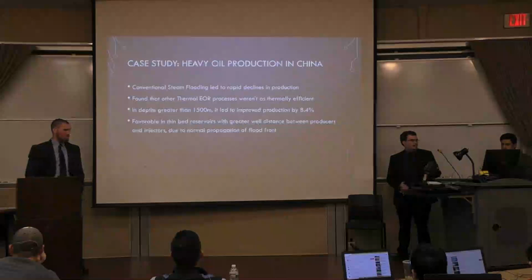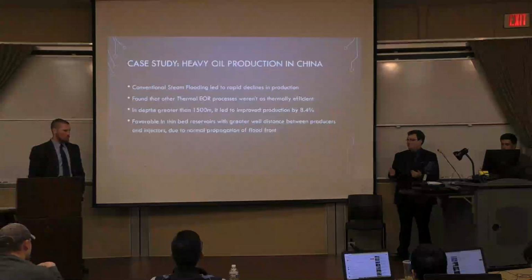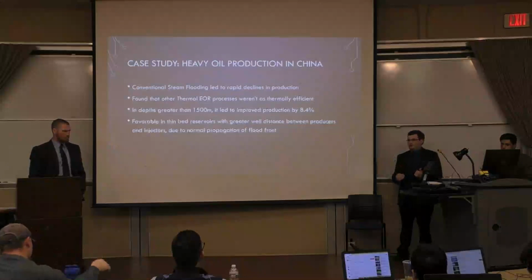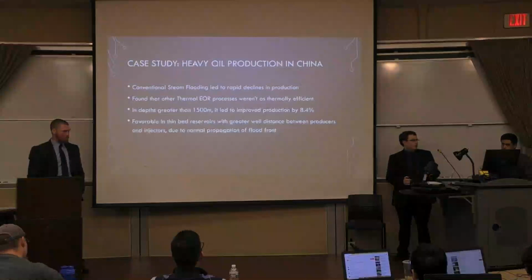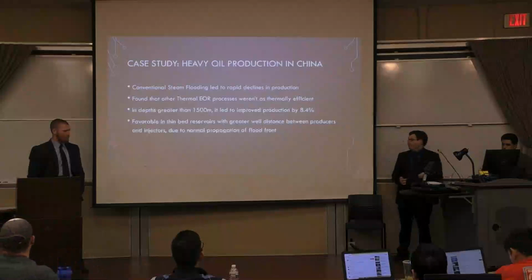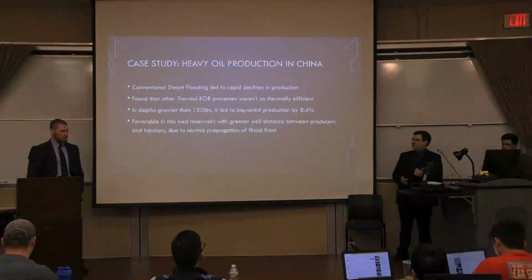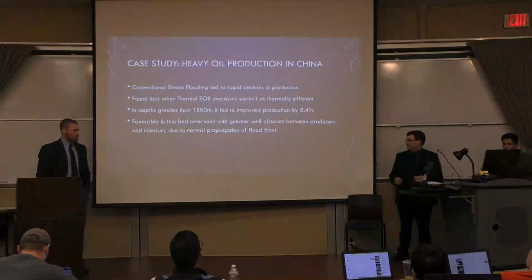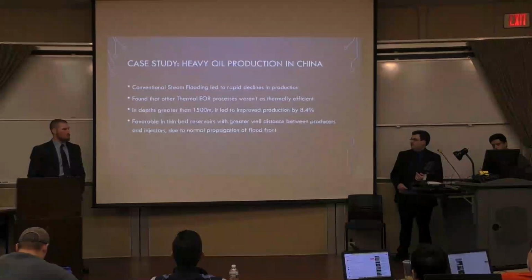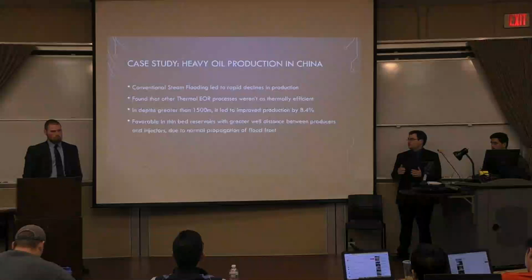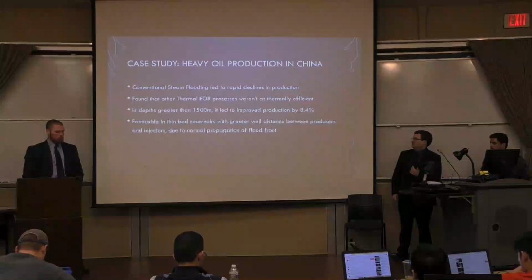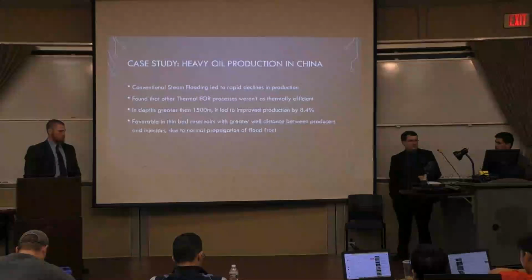And they found that these other EOR processes weren't as thermally efficient. In depths greater than 1,500 meters, this improved production by 8.4%, which is actually a good bit when you look at the sheer number of heavy oil reservoirs in China.